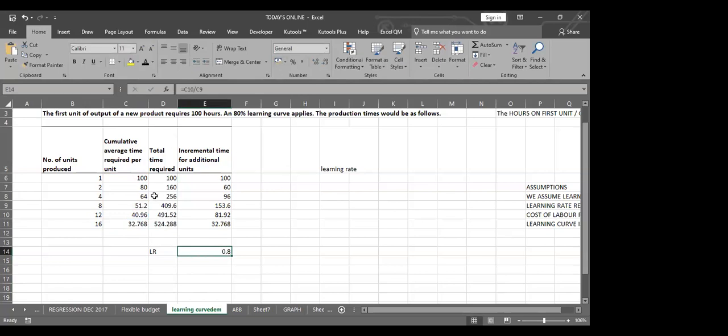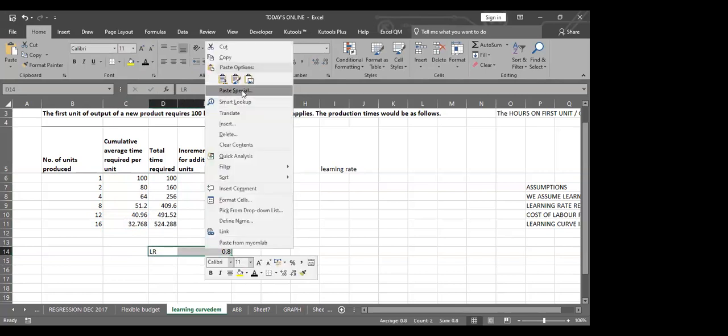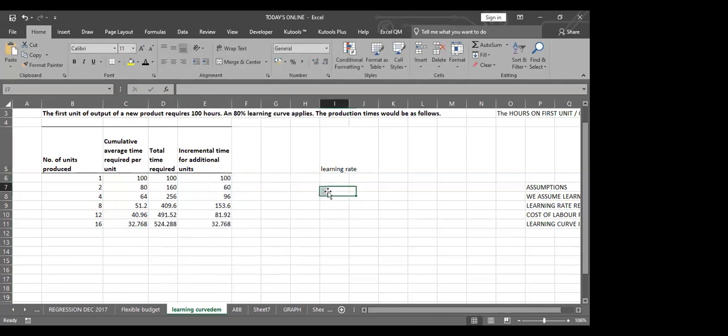So if somebody gives me a table like this and asks me to calculate the learning rate, I can easily check what is transitioning here and get it. I can take the averages, like this is the average here today, divide by that, and it gives me my learning rate in percentages. So a learning rate can also be calculated if it's not given.